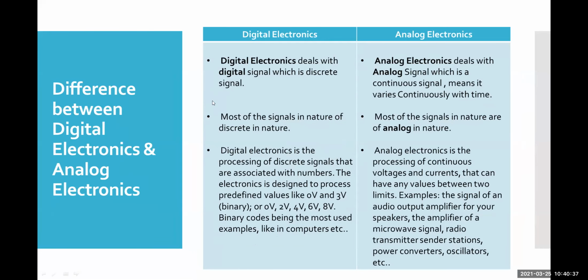First, digital electronics deals with digital signal, which is discrete signal. So whenever anyone asks you what is the nature of the digital electronic signal, that is discrete signal. Must be remembered, digital electronics deals with digital signal, which is always discrete, while analog electronics deals with analog signal, which is continuous signal.